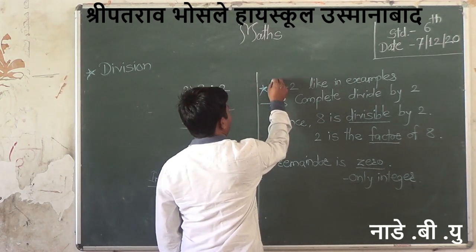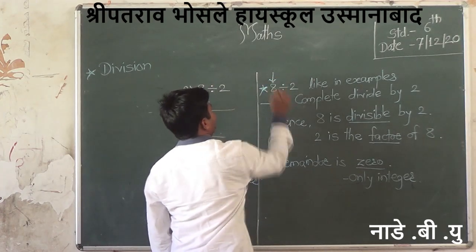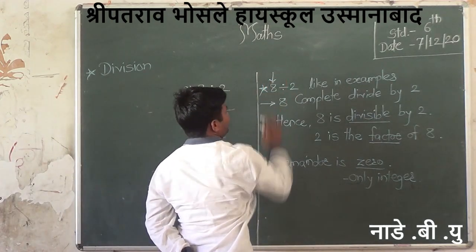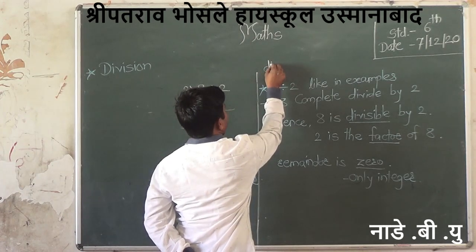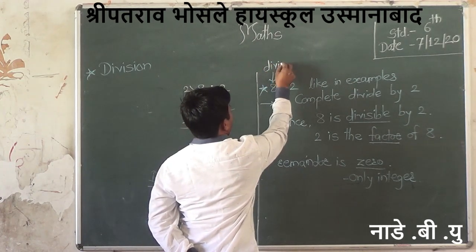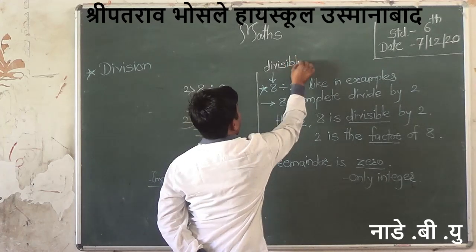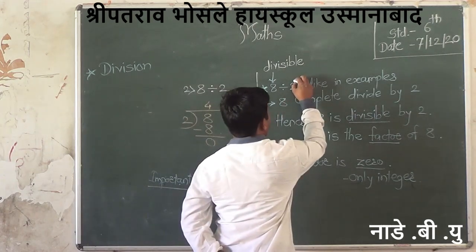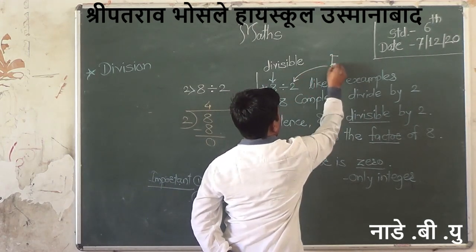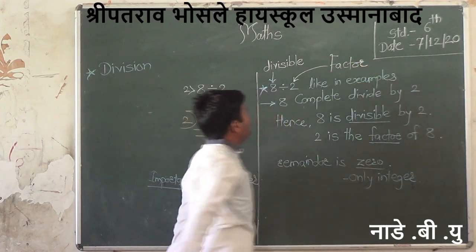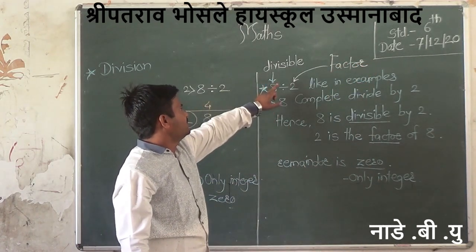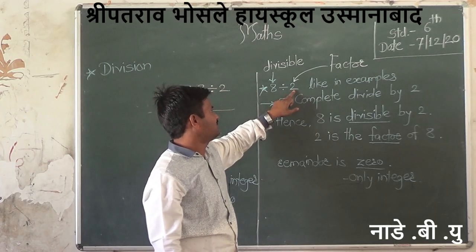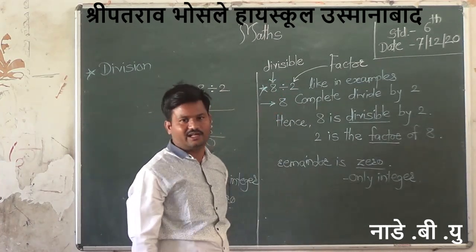In this example, 8 divided by 2, 8 is divisible, and 2 is the factor of 8. 8 is divisible by 2 and 2 is the factor of 8.